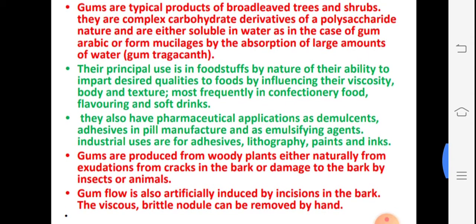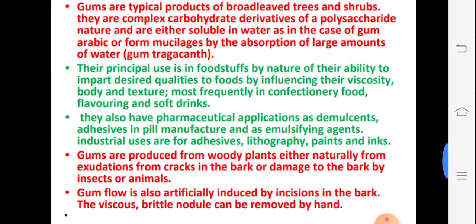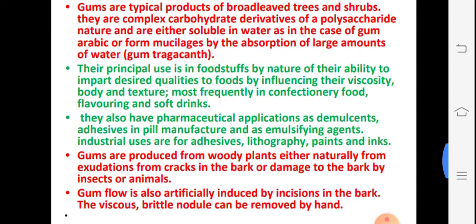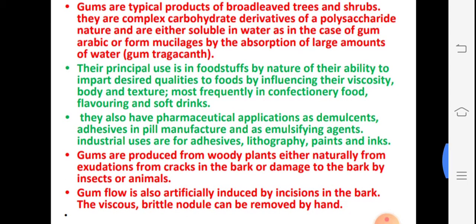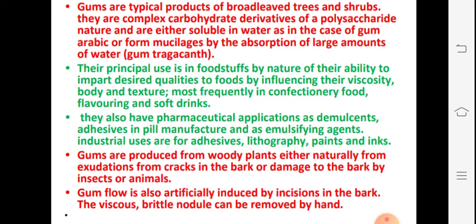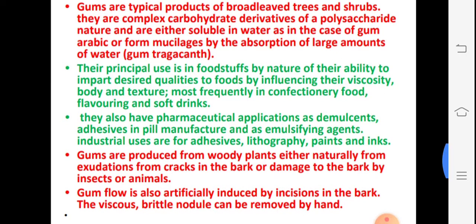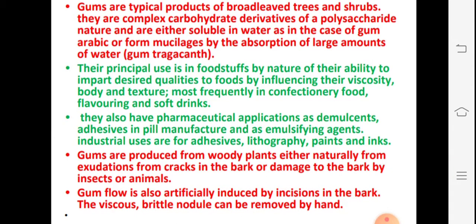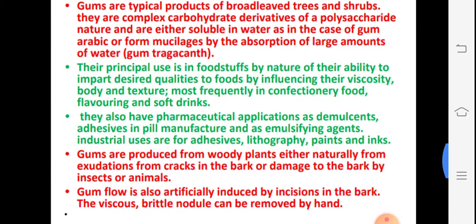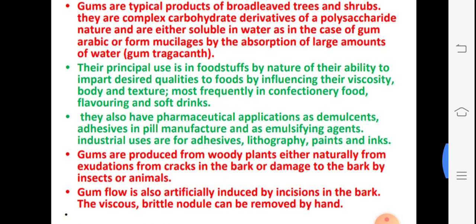The principal use is as a foodstuff in the natural condition, due to their ability to provide the desired quality, viscosity and texture, in confectionery food, and as a flavoring agent also used in soft drinks. Secondly, it acts as a demulcent, that is, a smoothing effect on the digestive system. It is called a demulcent.